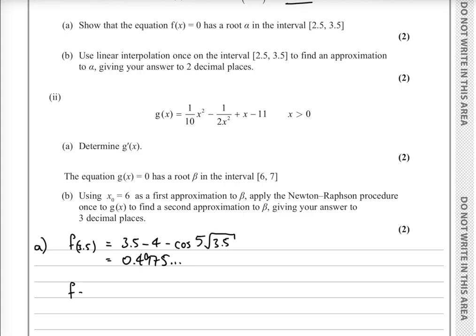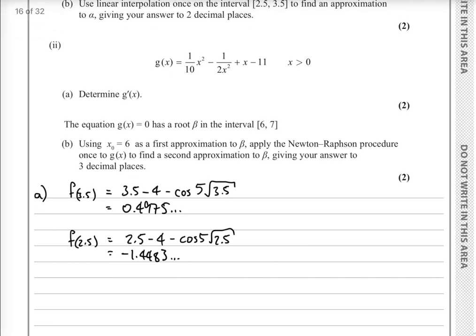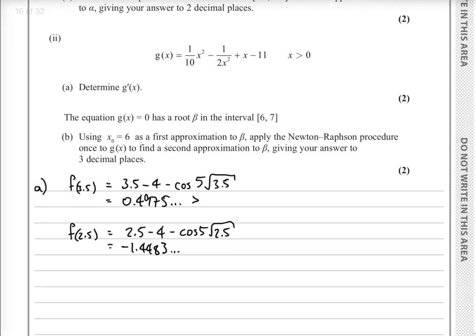Then I need the function evaluated at 2.5. Same idea. 2.5, and that gives me the answer minus 1.4483 dot dot dot. Don't forget we need a concluding statement here. Let's put that is greater than 0, that is less than 0.